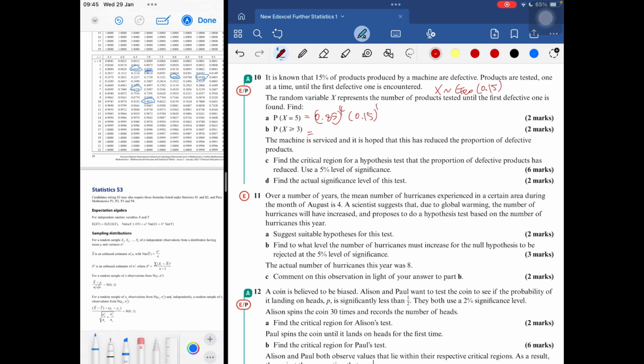Okay, so let's go like this. 1 minus the probability X is smaller than or equal to 2. So 1 minus: the first, when we find a defective on the first selection, 0.15, plus the second, 0.85 times 0.15. So the first one was okay and the second one was defective. So this is the one.